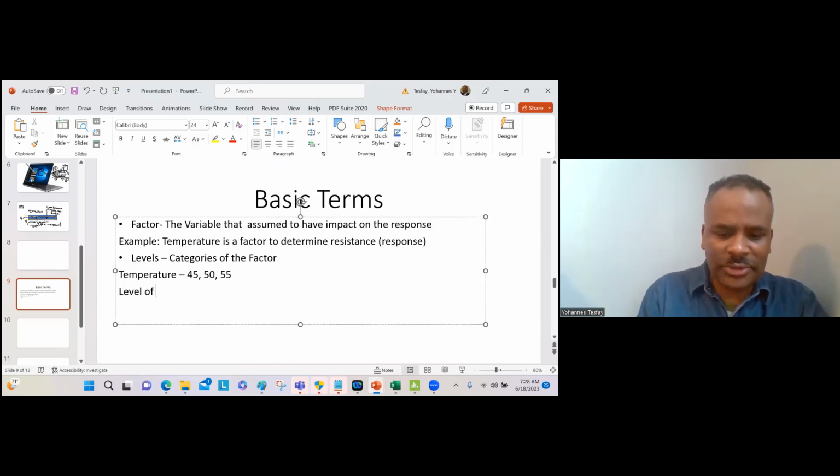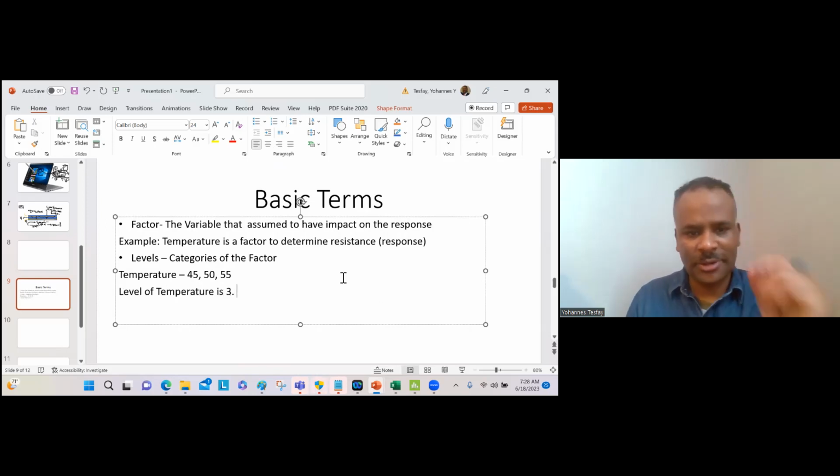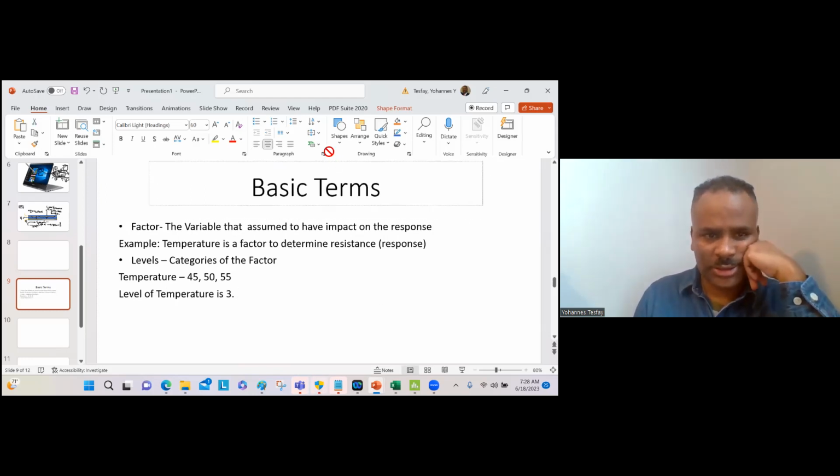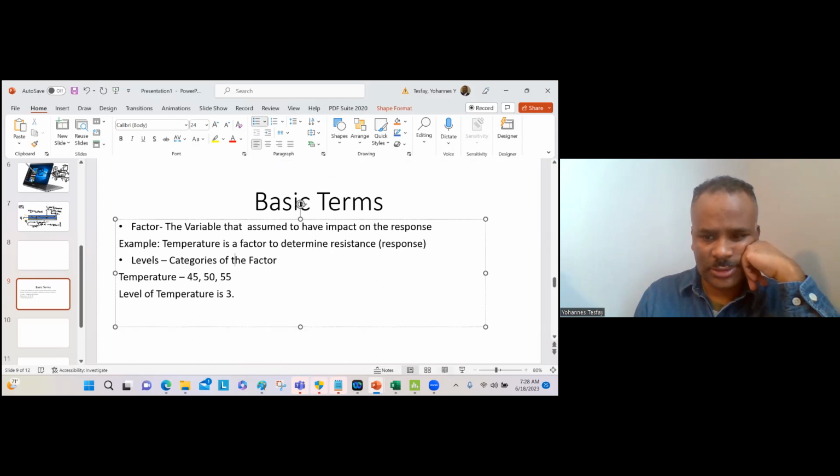Level of temperature is then 3, just like that. Okay, temperature is 3. Now we're going to look at treatment.